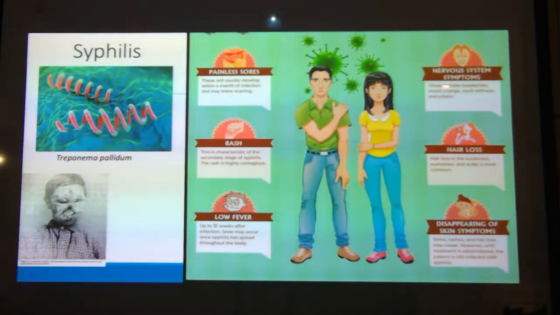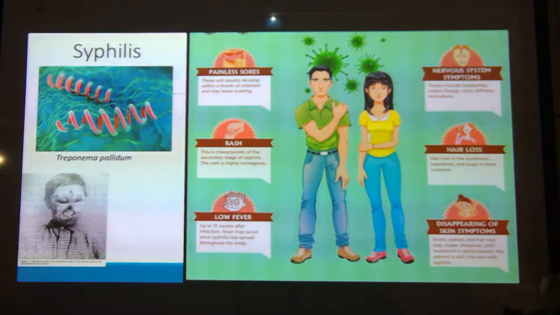As far as the nervous system goes, you will have headaches, you will have mood changes, neck stiffness. There are some others as well, but these are kind of the main ones. You may see hair loss in the eyebrows and eyelashes. The scalp is kind of the most common place that you will see hair loss. Disappearing of skin symptoms.